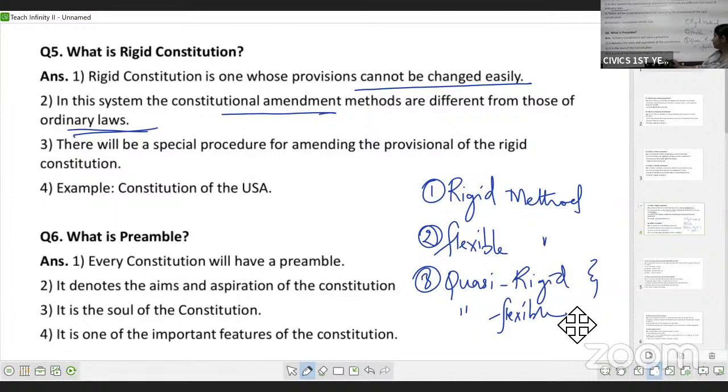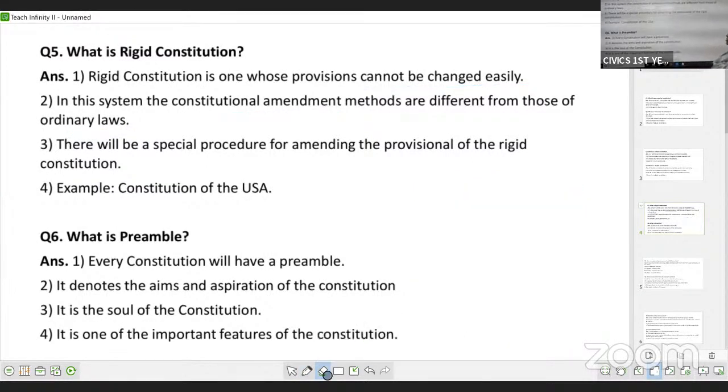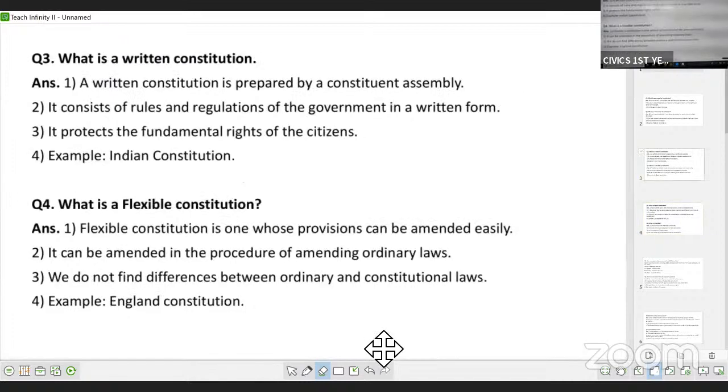Okay, there is a different procedure followed for amending constitutional laws and ordinary laws. Both are different. If you remember, just now I told you there is no difference between ordinary laws and constitutional laws in case of a flexible constitution. Both are one and the same.